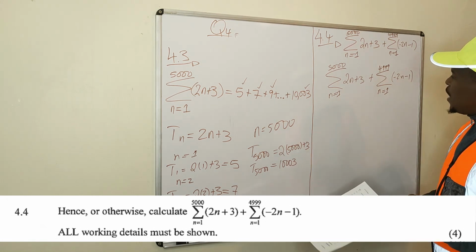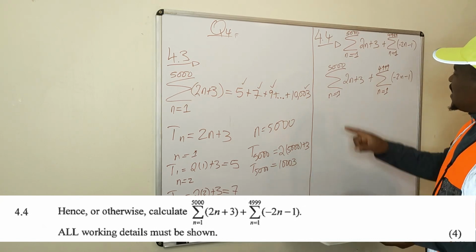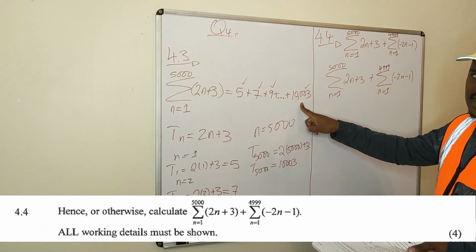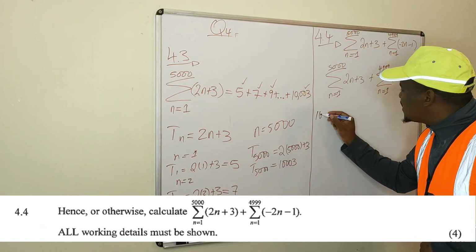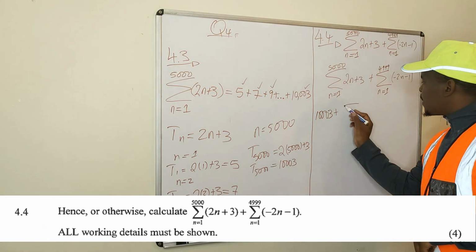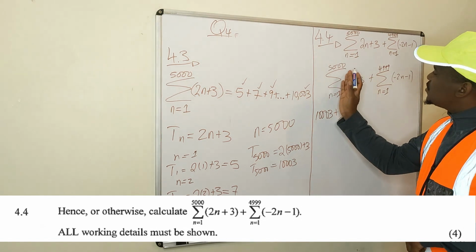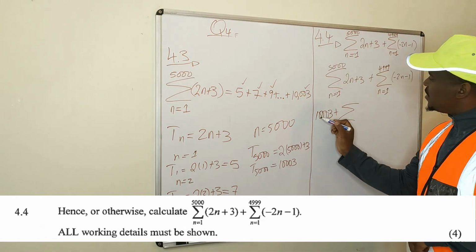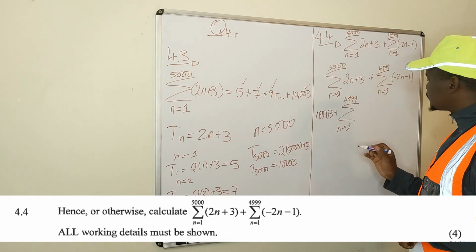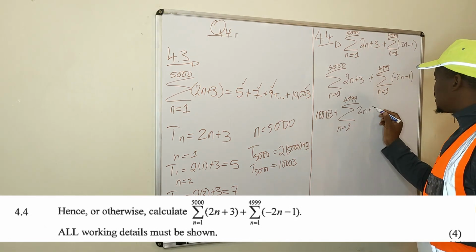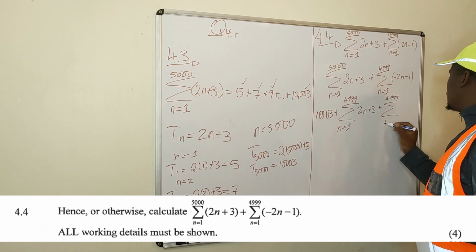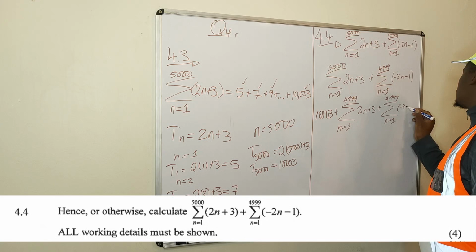Then what do I do? I'll say, okay, the last term here is 10,003. So I'll say, okay, 10,003 plus, if we exclude this last term to the front here, we're left with 4,999 terms: the sum from n equals 1 of 2n plus 3, plus the sum from n equals 1 to 4,999 of negative 2n minus 1.